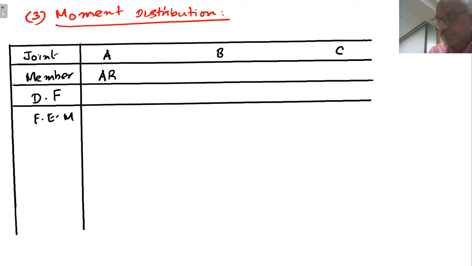It's a continuous beam, so there is only one member AB. In joint B, you have two members: one is member BA, the other is member BC. And in joint C, there is a member called CB.